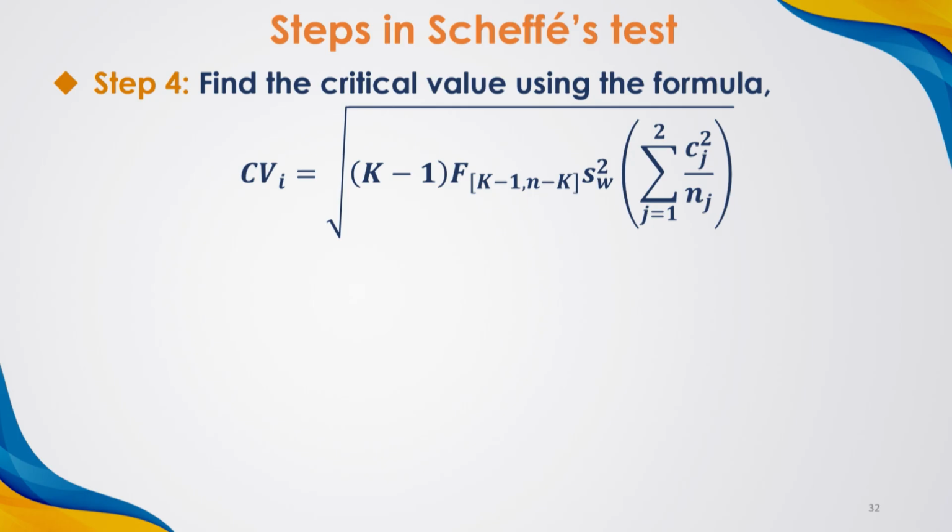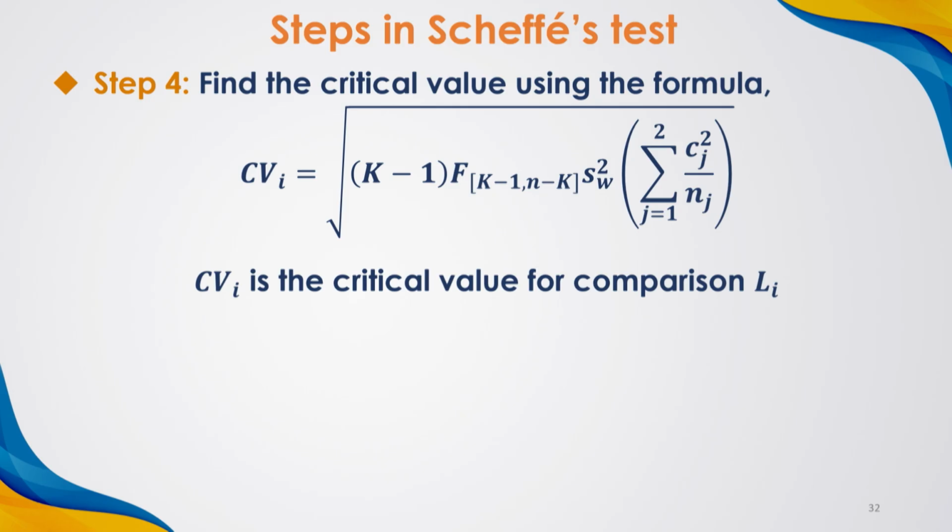The critical value is acronymed as CV. CVi means suppose if you are finding out the critical value for the first comparison L1, it should be represented as CV1. Suppose if you are finding out the critical value for the sixth comparison, then we will write CV6. So, here i represents the critical value for the corresponding comparisons.